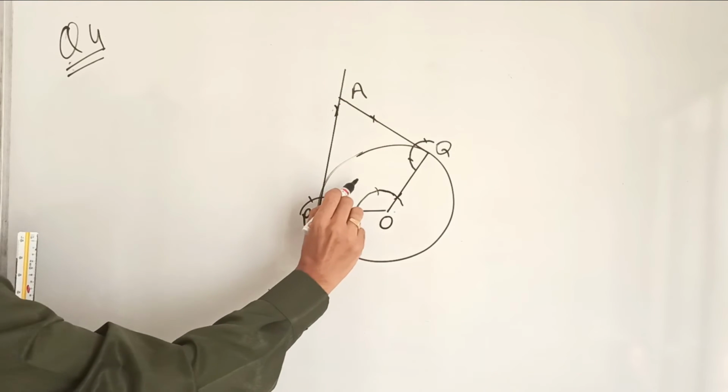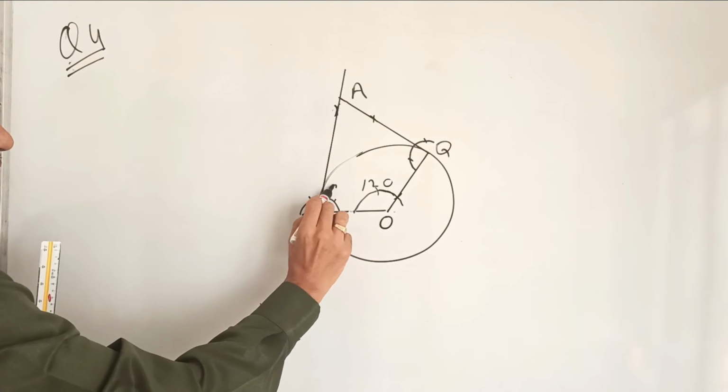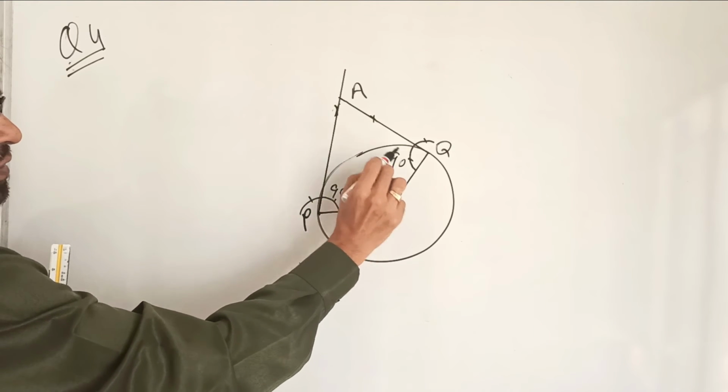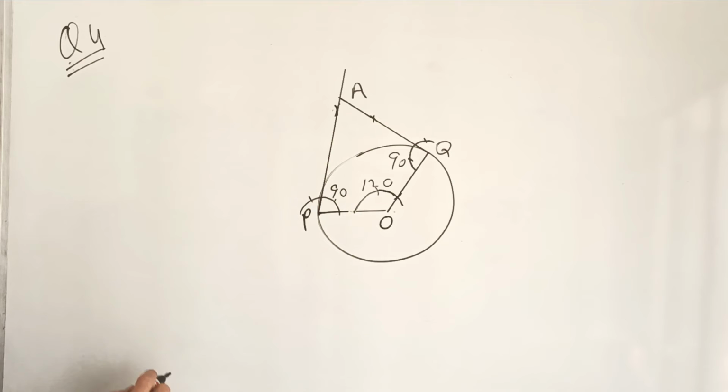Now, student, this is 120, this is 90, this is 90, so this will be 60. So we verify our construction.